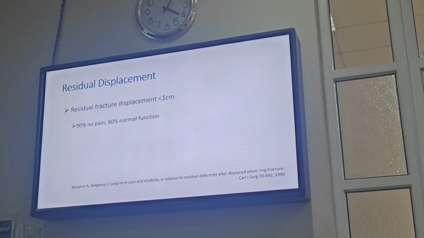And why is it this big? Why do we have this? What will happen if we do not operate? Most patients will complain of posterior pain if your displacement is more than 1 centimeter. And I can tell you the patient of pelvis malunion has the worst sort of pain.